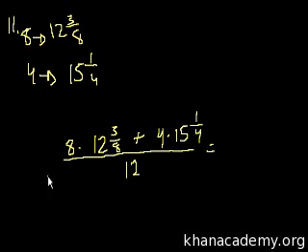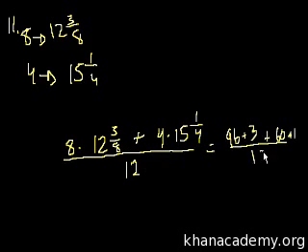So what's 8 times 12? 8 times 12 is 96. And what's 8 times 3/8? It's 3. So it's 96 plus 3. You could view 12 and 3/8 as 12 plus 3/8, so I just used the distributive property there. You could turn this into an improper fraction if that's easier. And then plus, what's 4 times 15? It's 60, and then 4 times 1/4 is 1. All of that over 12.